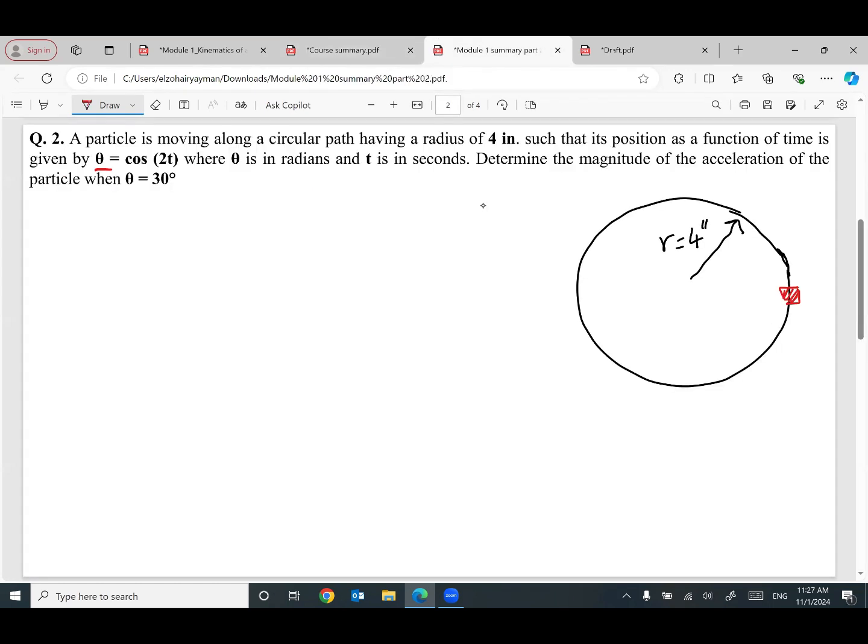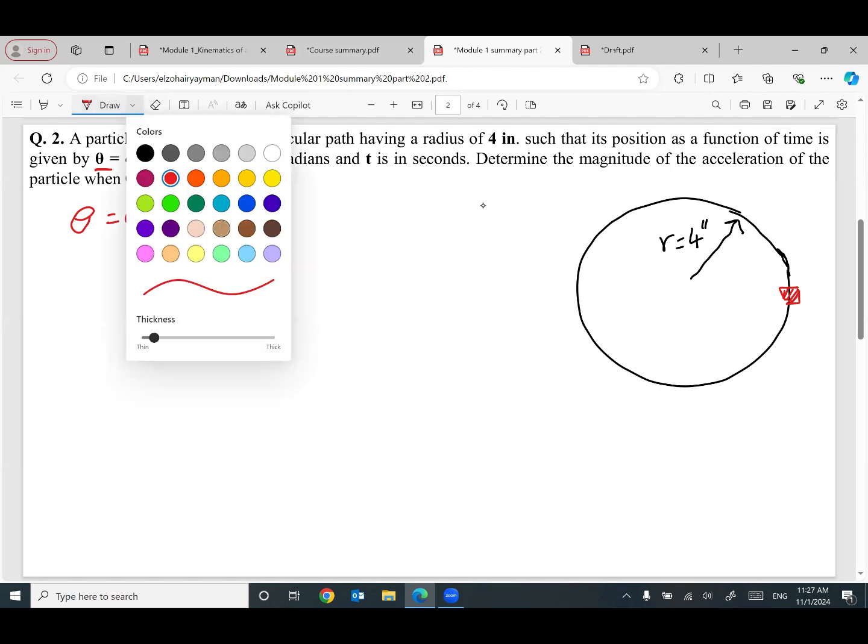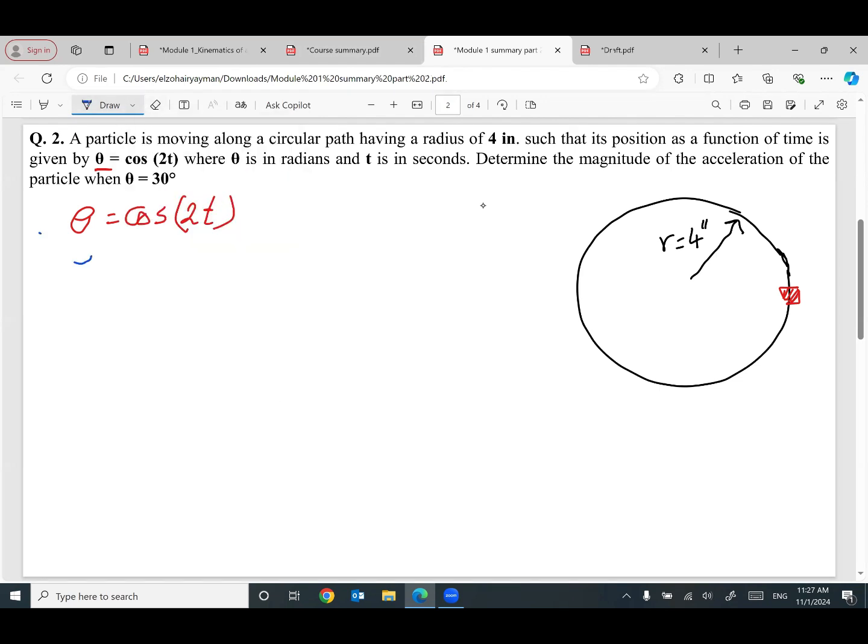So your theta is given as cosine 2t. By the way, I can find theta dot, which equals the differentiation of cosine, negative sine 2t, times the differentiation of the term inside cosine, which is 2.